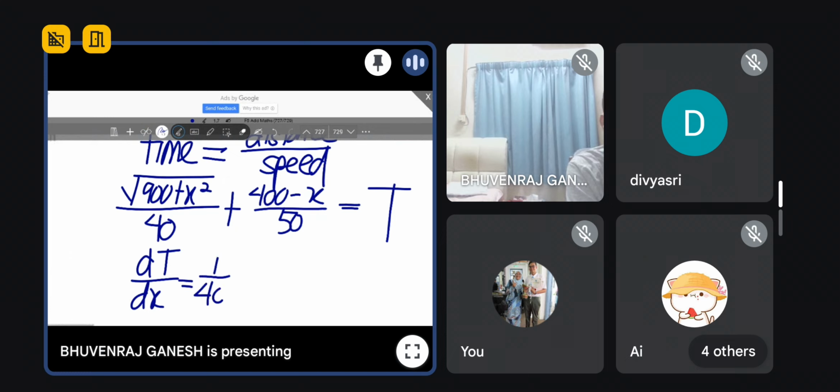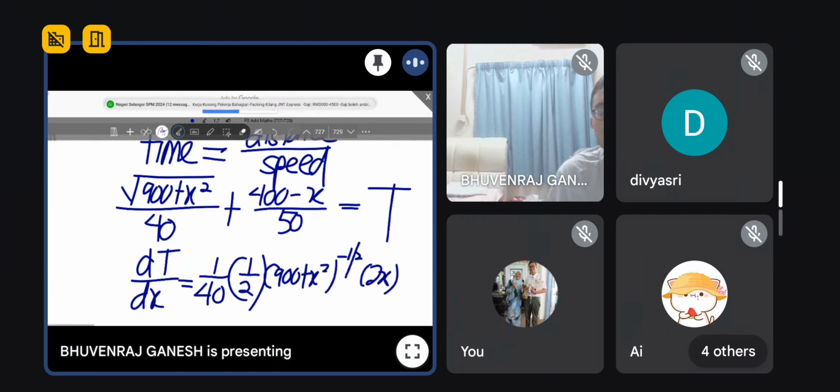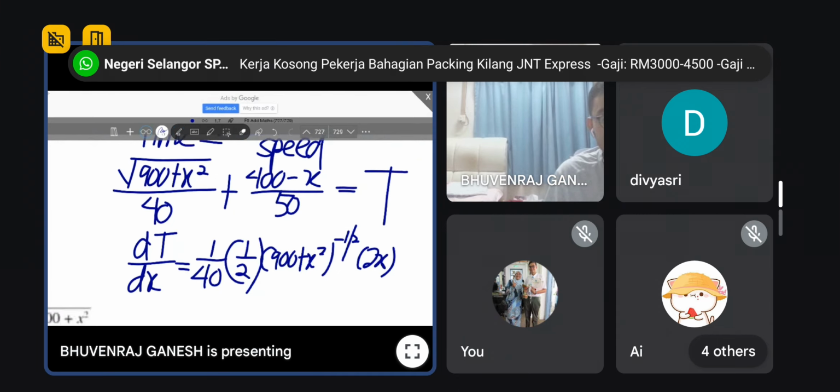So basically you copy 1 over 40, square root is power half. So power half you bring in front, and then, sorry, this one cannot copy back. Power minus 1, so you will get power negative half. Then differentiate your bracket, 2x. Until now, can?